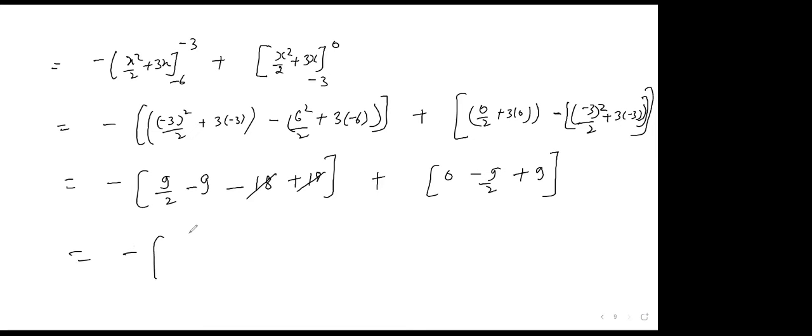So we have negative 9 over 2 plus 9, minus 9 over 2, is again 9 over 2.